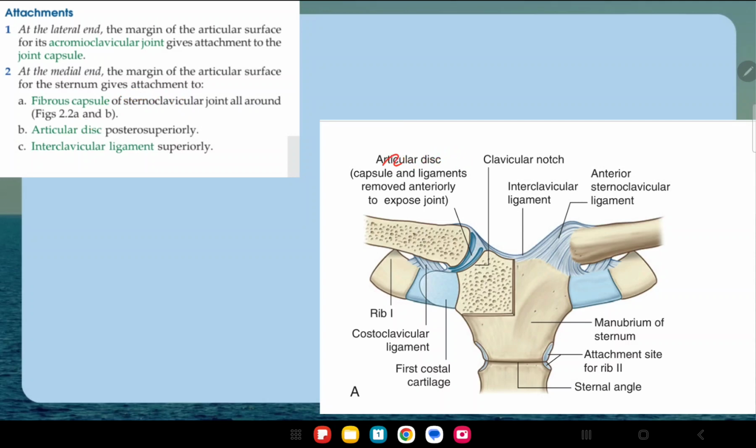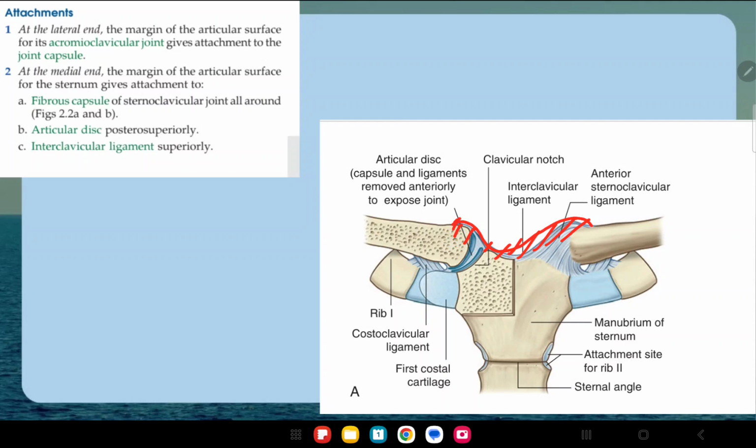Articular disc: you can see the articular disc, the capsule and ligaments are removed anteriorly so that we can see the articular disc. See, this is the articular disc. Third, interclavicular ligament superiorly. See, from one clavicle to the second clavicle is the interclavicular ligament.